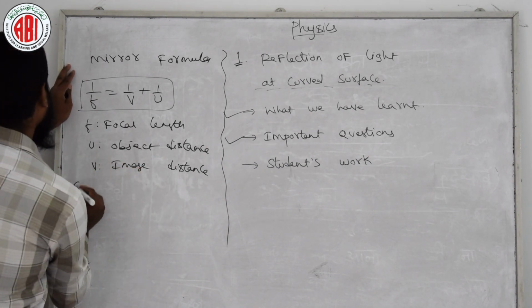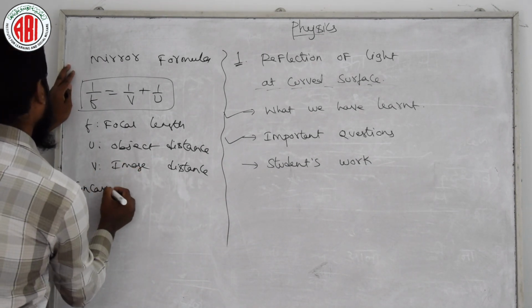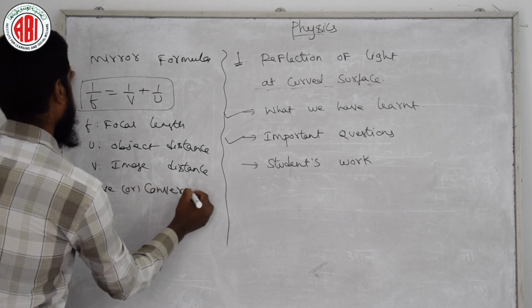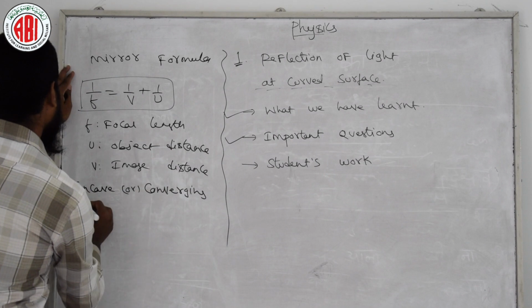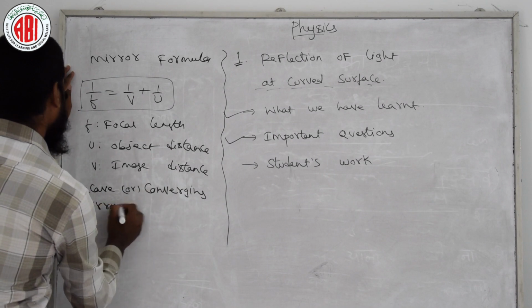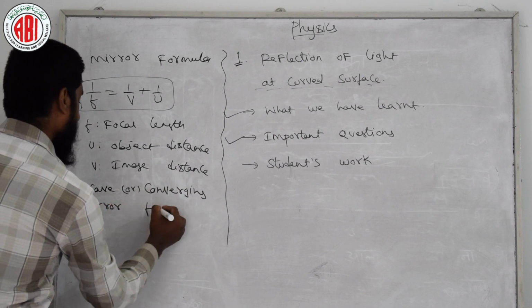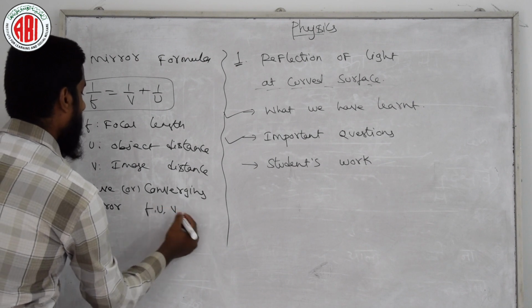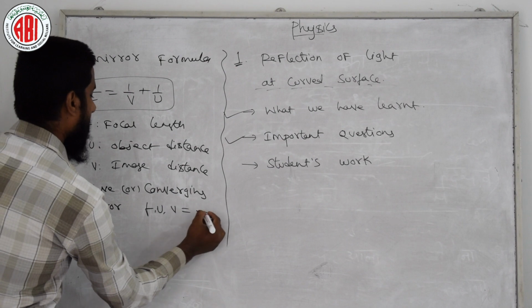Second point, if it asks about a concave mirror or converging mirror, you need to take f, u and v, all the things, in negative sign.